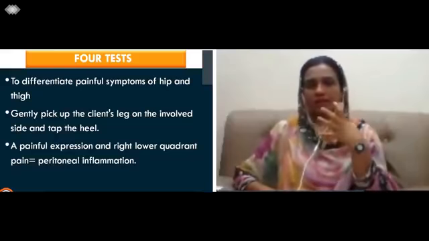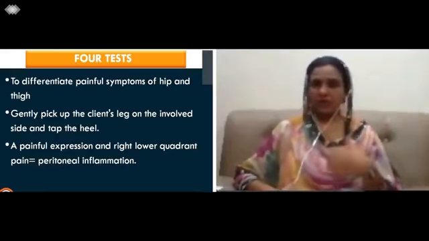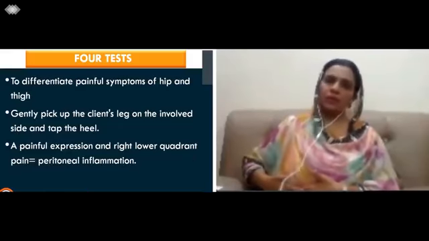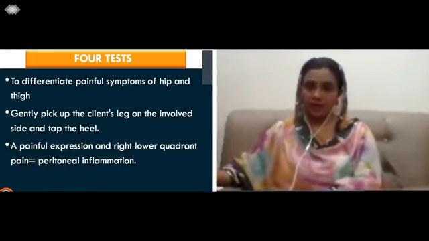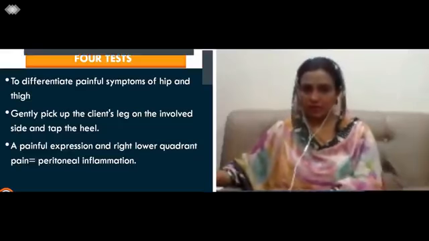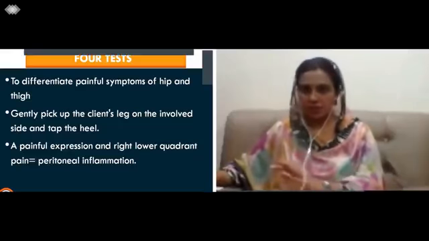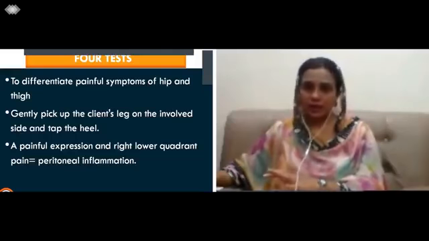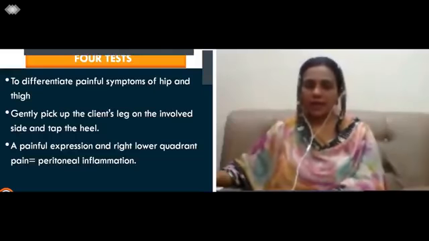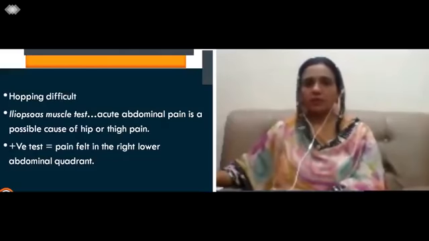If the patient has pain and a painful expression, especially right lower quadrant pain, that can be a manifestation of peritoneal inflammation. That simply means the patient does not have actual hip pain or thigh musculoskeletal pain. The pain is due to peritoneal inflammation.